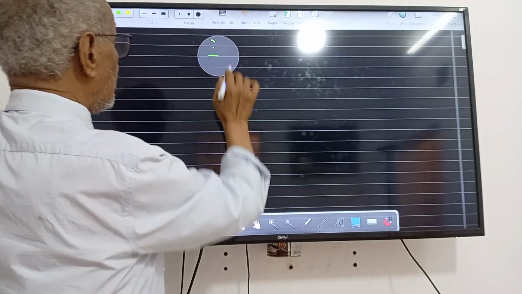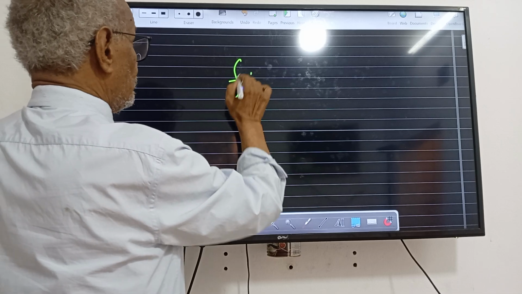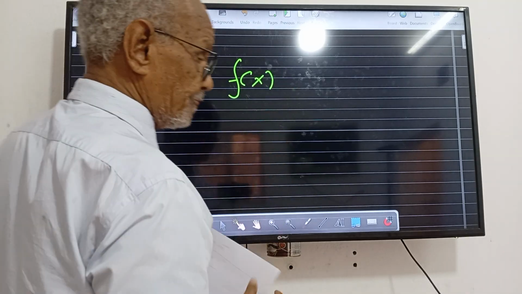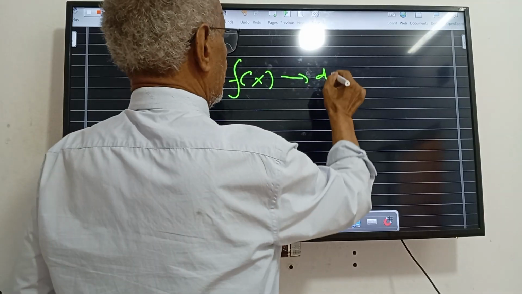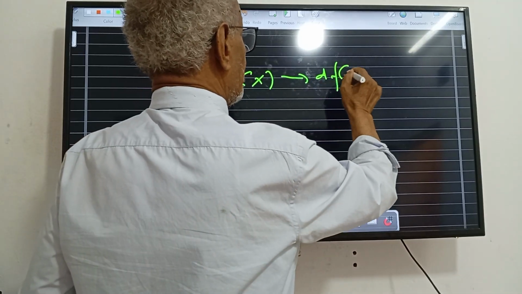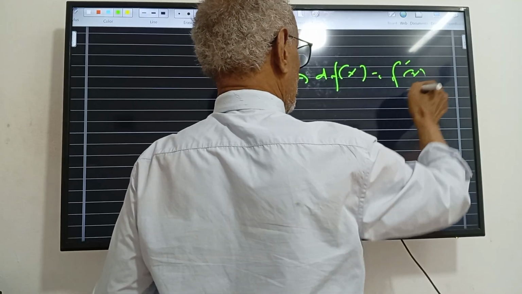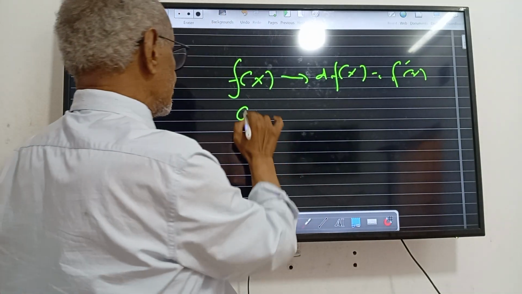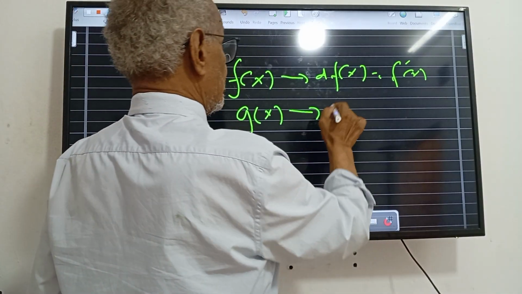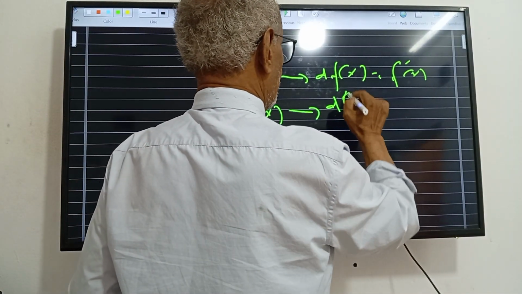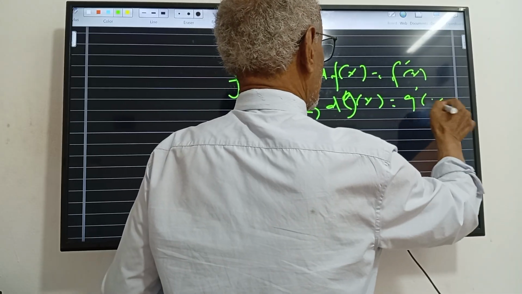The first is f of x, and the differentiation of f of x equals f dash of x, as you know. Another function, say g of x, and the differentiation of g of x is g dash of x.